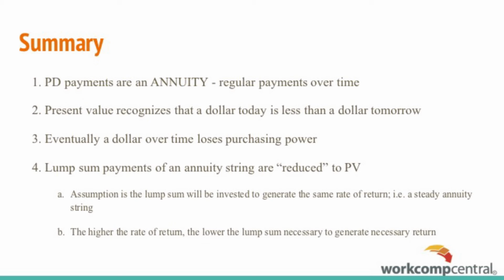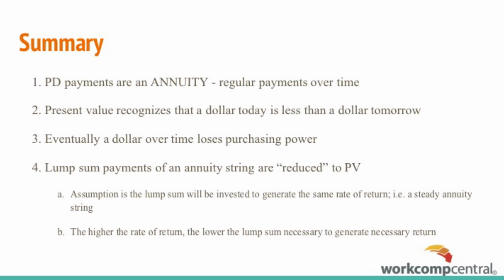Present value recognizes that a dollar today is not worth the same as a dollar tomorrow, that tomorrow's dollar is worth much less than a dollar today. One bird in the hand is better than two birds in the tree, right?